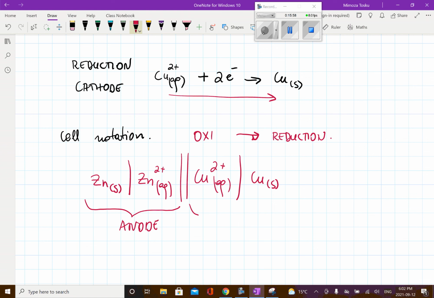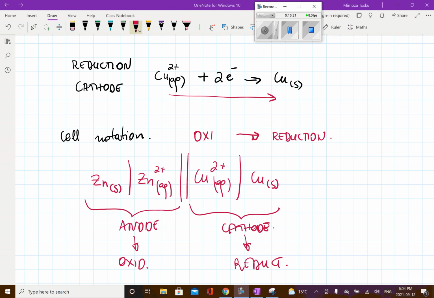This one here is happening in the anode, and this one here is happening in the cathode. This is the oxidation, and this is the reduction.